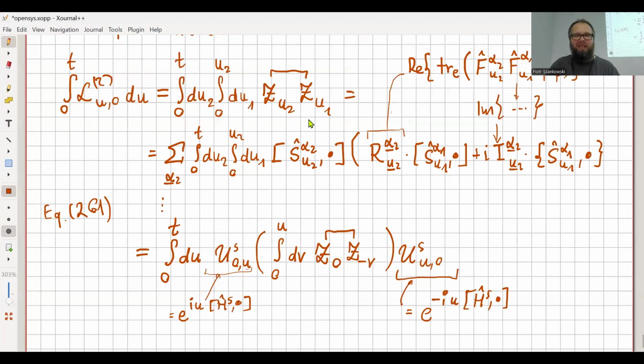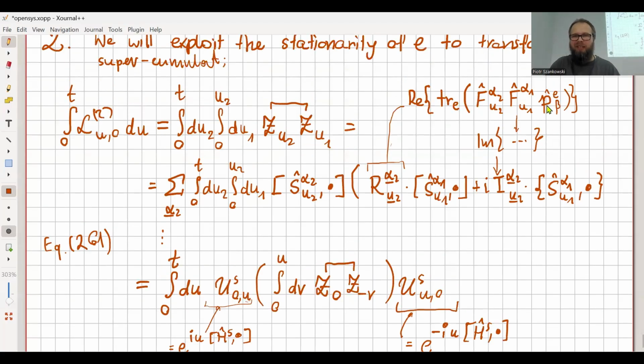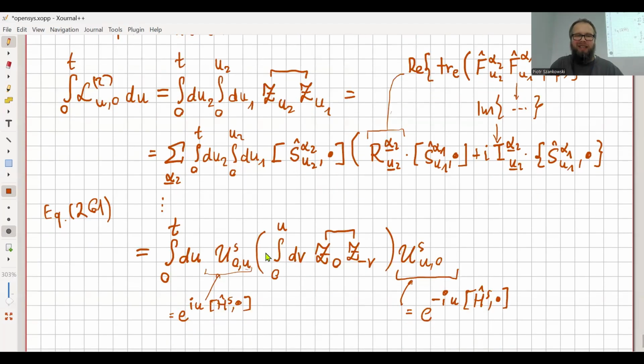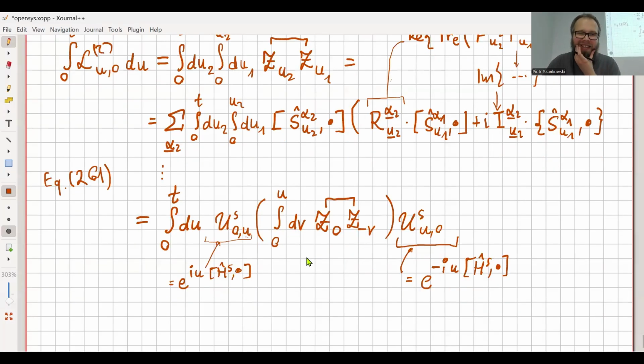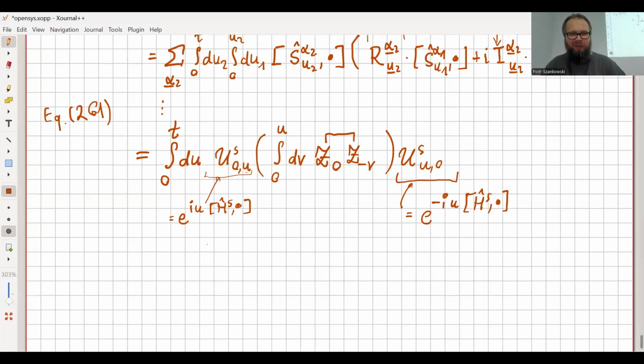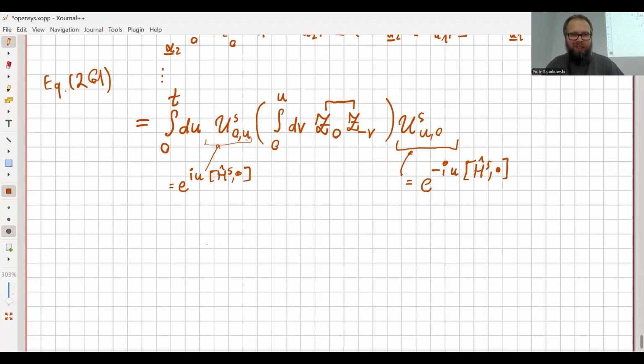variables, exploiting the stationarity of correlation functions, we managed to split this integral. So now the cumulant depends only on one of the times in the integral, and this is powerful because this allows us to deploy a thing that's called the Markov approximation.